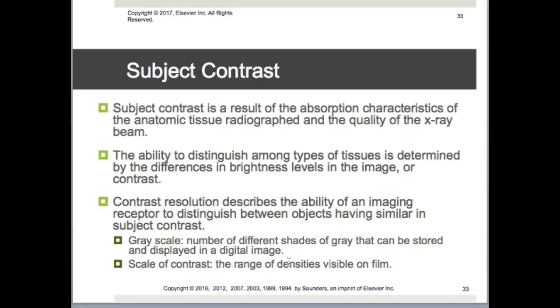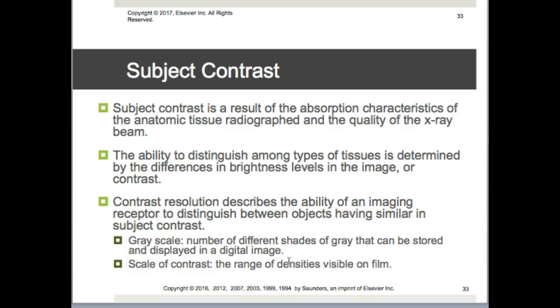Subject contrast is a result of absorption characteristics of the anatomic tissue radiographed and the quality of the X-ray beam. The ability to distinguish among types of tissue is determined by the differences in brightness levels in the image, or contrast. Contrast resolution describes the ability of an imaging receptor to distinguish between objects having similar subject contrast.